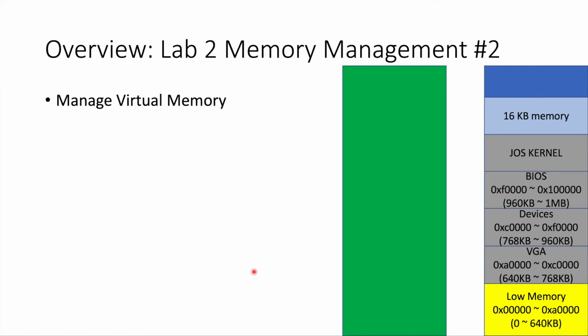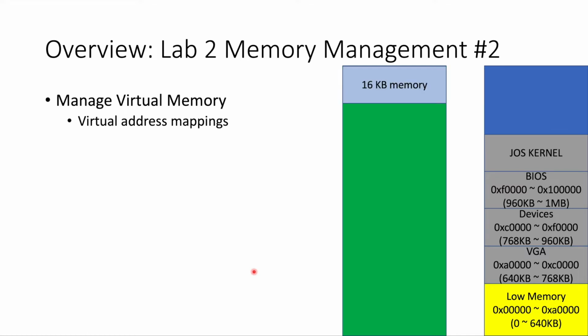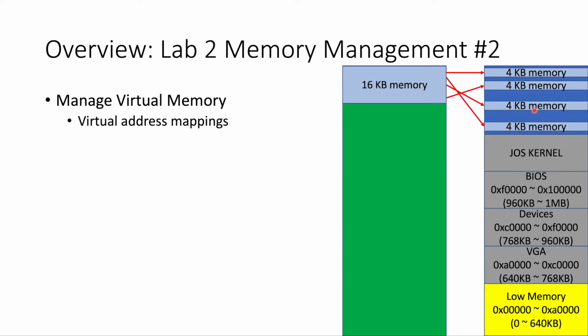And in Part 2, what we will cover today is managing virtual memory. Unlike Part 1, managing physical memory, we will allocate the virtual memory space on the virtual memory side, and we will back it with the physical pages like this.